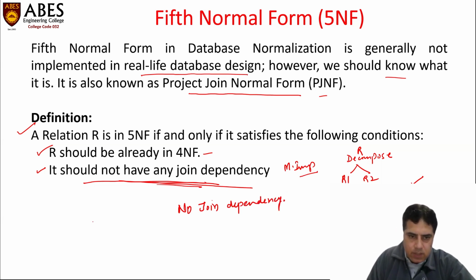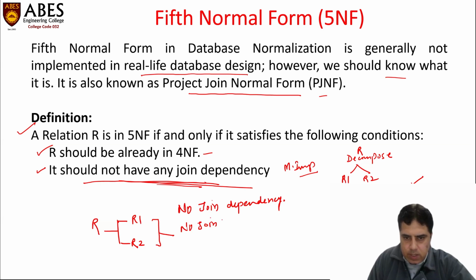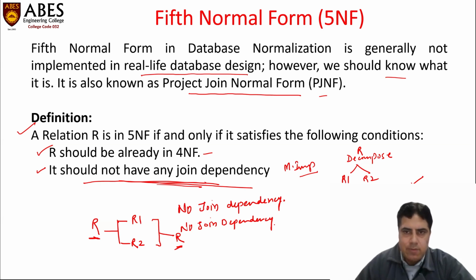When there is a relation R and we decompose it into R1 and R2, when we join R1 and R2, there should be no join dependency. So when we join these two decomposed relations, we will get the same as R. So this is the fifth normal form. That's why it is not implemented in real life. So this is the concept of fifth normal form.